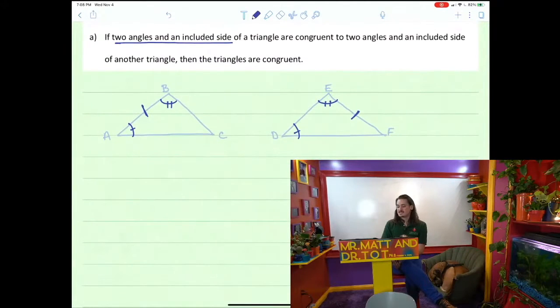If that's the case, notice that in the second triangle, in triangle DEF, the side length is not an included side length. It's outside of the 2 pairs of angles, so this does not match up. This does not prove triangle congruency because it's not in the order of angle, side, angle. It's angle, angle, side, which is actually another congruency postulate, but they don't match up between the two triangles in question. So this does not prove congruency.